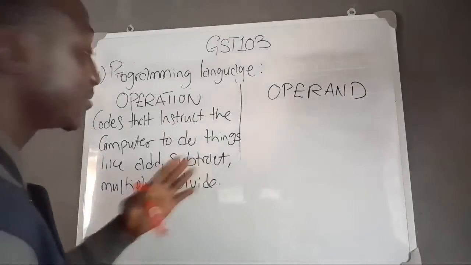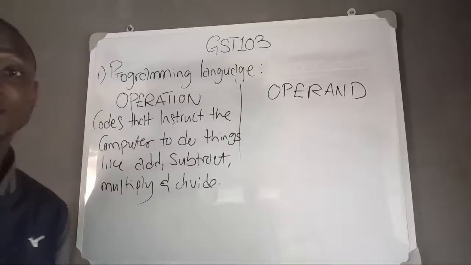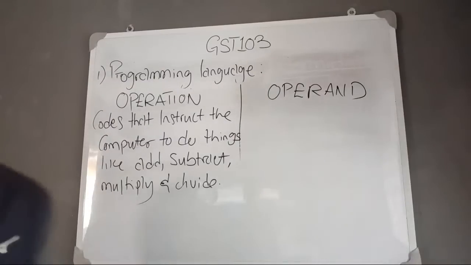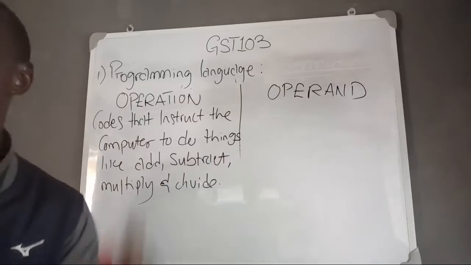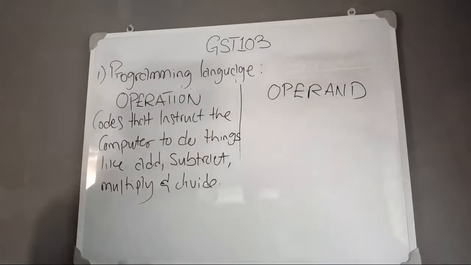Basically, arithmetic. Codes that instruct the computer to perform arithmetic functions, while the operand tells the computer the data items involved in the operation. This is more of arithmetic.